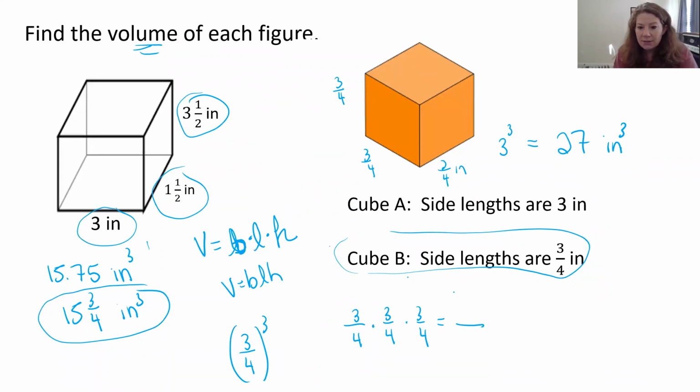And what's 4 times 4 times 4? It's 64 inches cubed. If I want to double check, I type in 24 over 64 in my calculator and hit equals to see if it reduces, and it doesn't. So that is actually lowest terms.